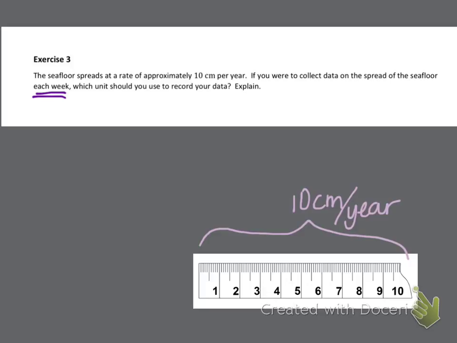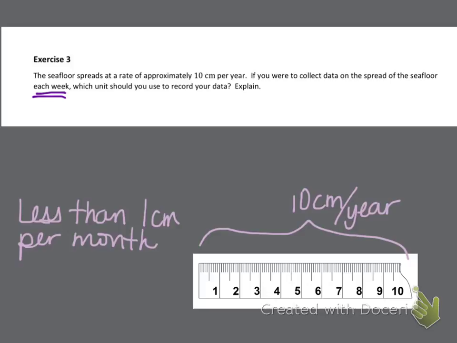But each month, if we think about it, it's less than a centimeter per month because there's 12 months in the year, obviously. So less than 1 centimeter per month. And so that wouldn't be a really good unit because I would be using decimals to describe it.